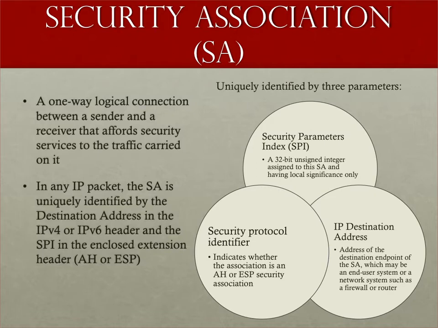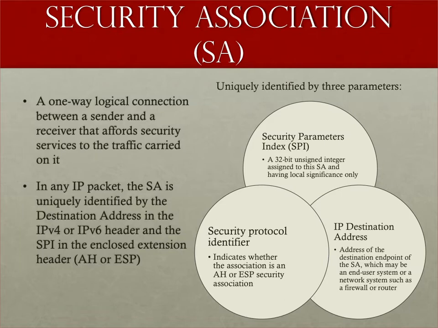So there is a primary key for any security association. This primary key is called the security parameter index. This is the primary key, the unique identifier of this security association. The content itself is in the next slide. We'll talk about what this security association includes.